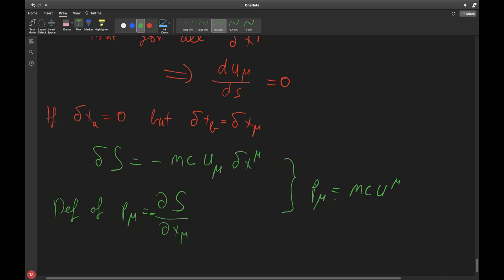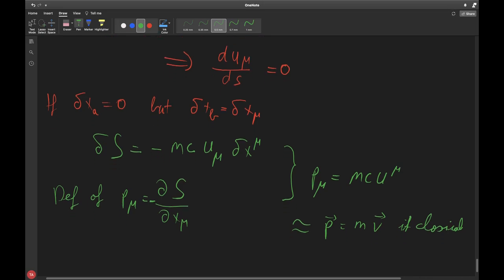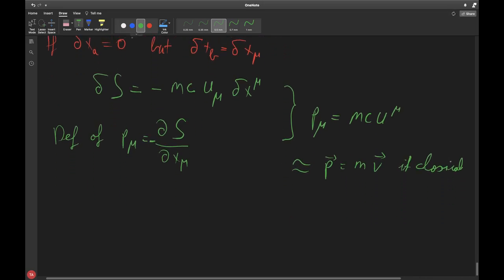That's how we get the four momentum. We multiply the four velocity with m, the mass, and the c. That's very similar to saying that the p vector is the same as m times v vector in classical physics. So this is very important for the following.